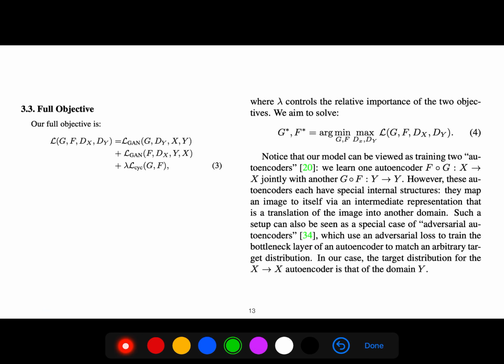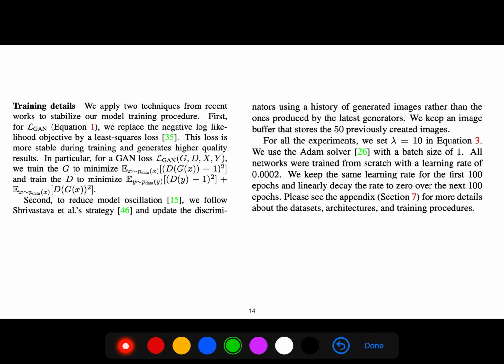So the full objective is that we use GANs 2 times and then the cycle consistency. And this lambda hyperparameter controls the relative importance of the two objectives. So we apply 2 techniques. First, we replace negative log likelihood by least squares loss.